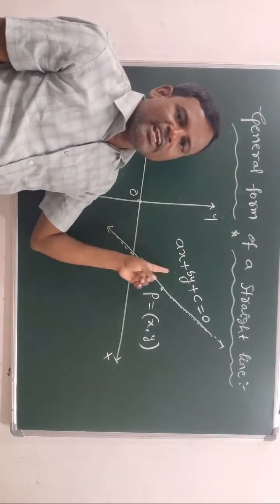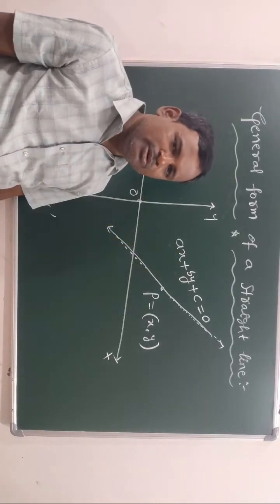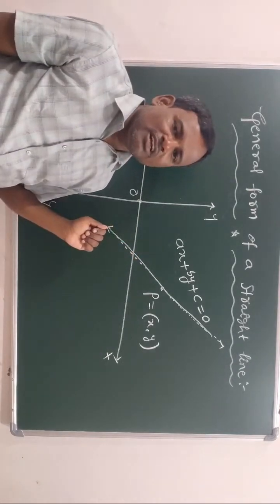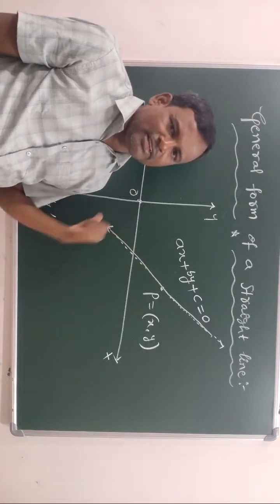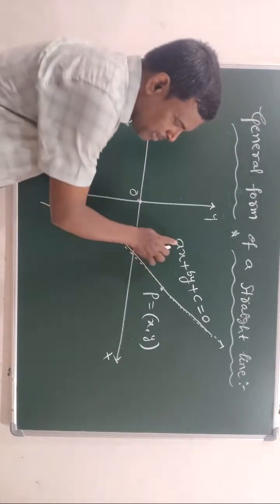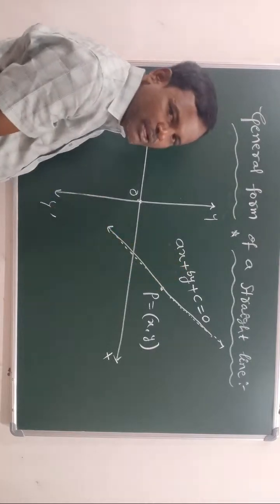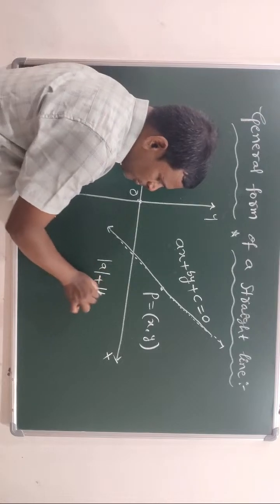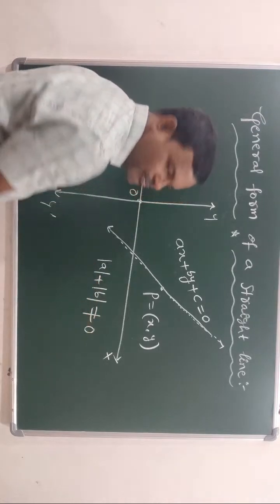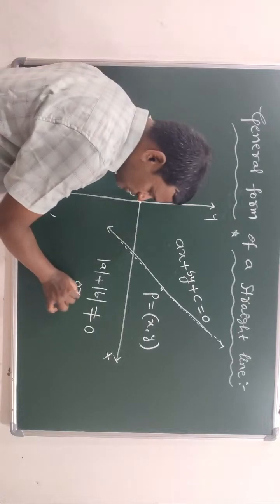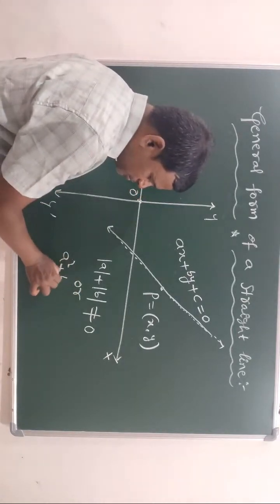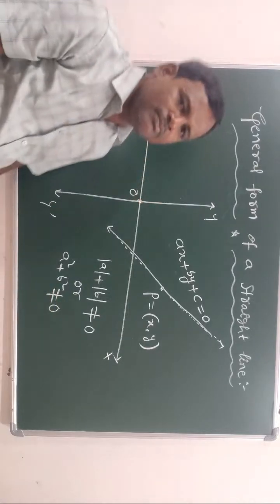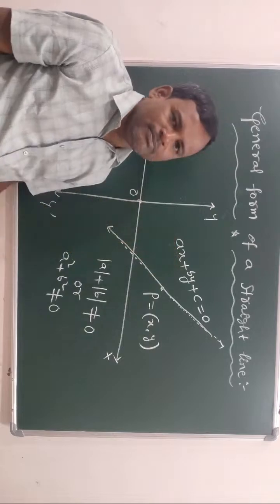Hence ax plus by plus c equal to 0 is known as the equation of this straight line, where a and b should not simultaneously be equal to 0, which means that mod a plus mod b is not equal to 0. Otherwise you can also say that a square plus b square is not equal to 0. This is the condition for a and b.